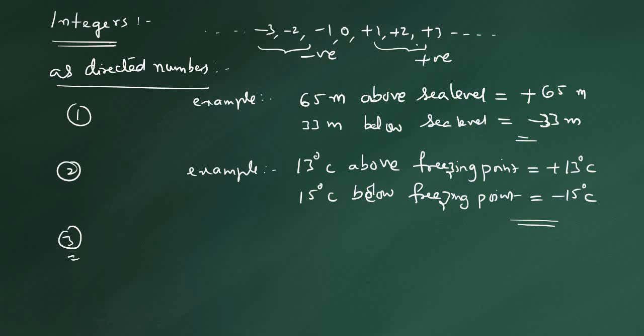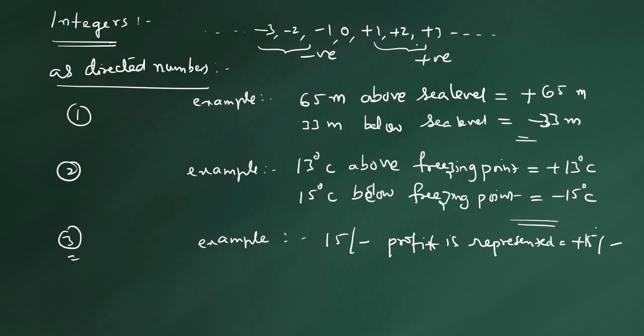Next, if a profit made on selling an article is represented by a positive number, then the loss incurred in selling the article is represented by a negative sign. For example, a profit of 15 rupees is represented as plus 15 rupees.